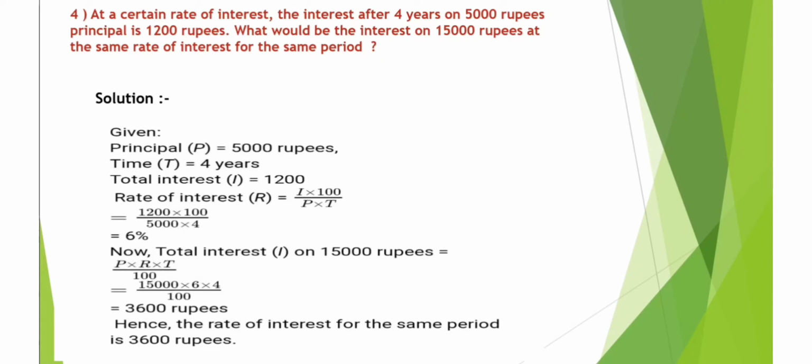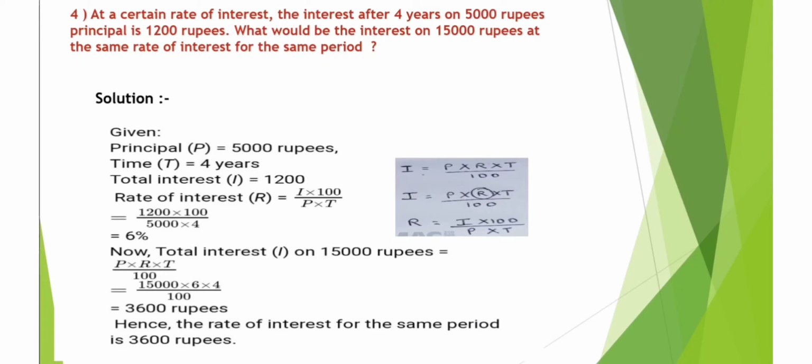Now here if you see the formula for the rate of interest, how do we get that? Our formula is interest is equal to P multiplied by R multiplied by T upon 100. Now what do we have to find? R. In the second step I have circled R. So whatever has the R will go in the denominator.